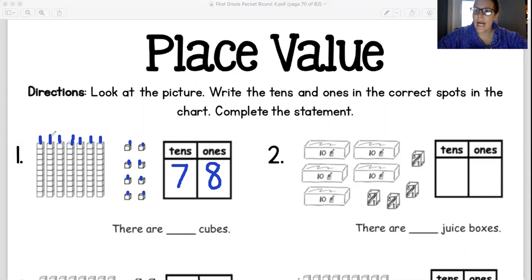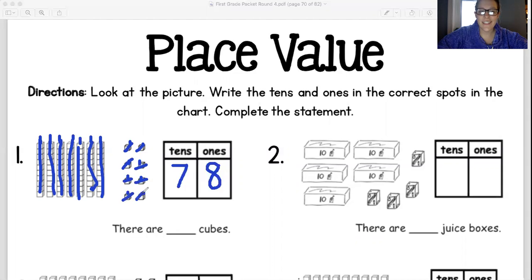This time we're going to count by tens for this section, and then count on for our ones. 10, 20, 30, 40, 50, 60, 70, 71, 72, 73, 74, 75, 76, 77, 78.